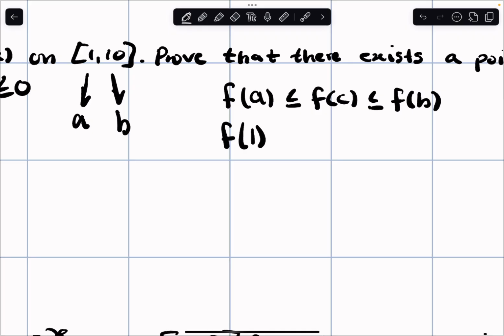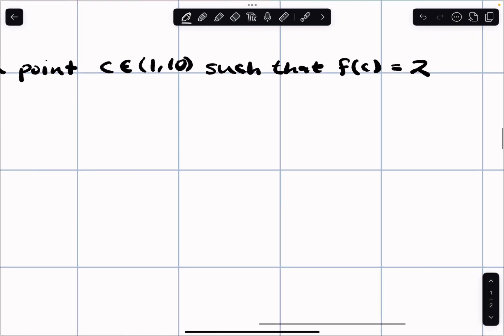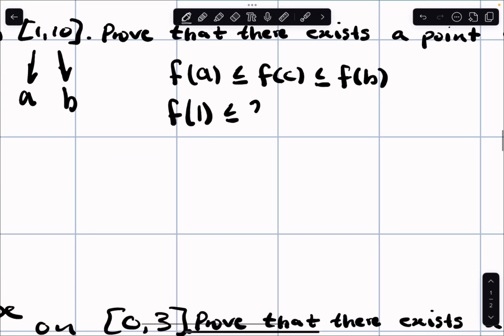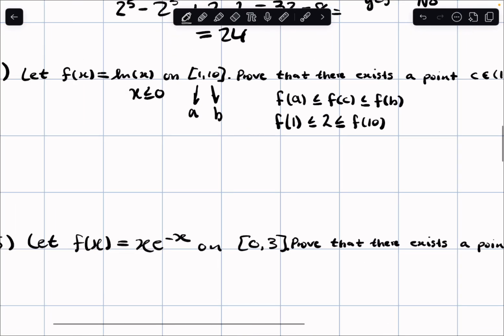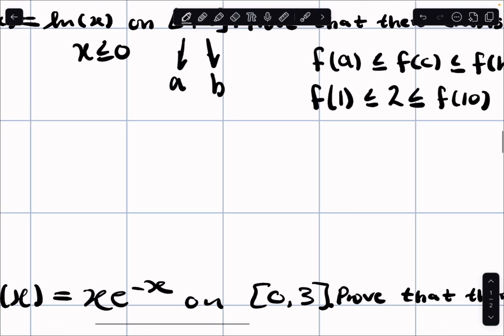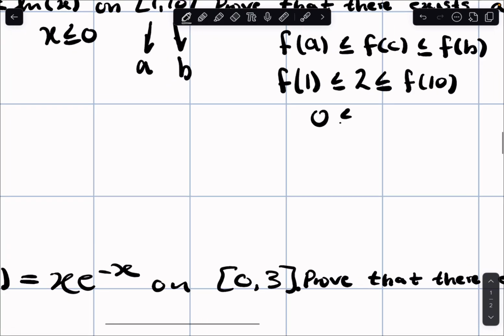So f of a is going to be 1, which is less than or equal to, well, we said f of c is going to be 2 over here. And then f of b is going to be f of 10. Okay, so what do we know about ln of 1? ln of 1 is 0. Then f of 10 is just ln of 10.